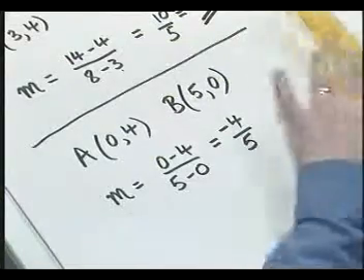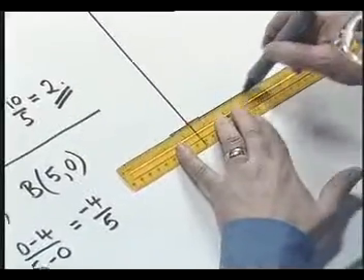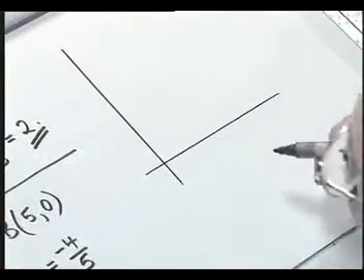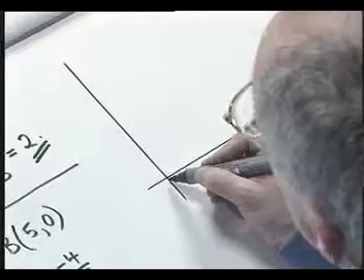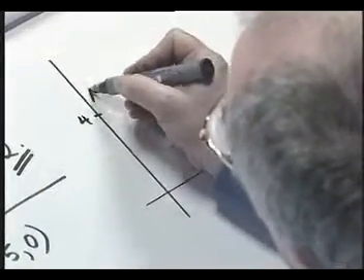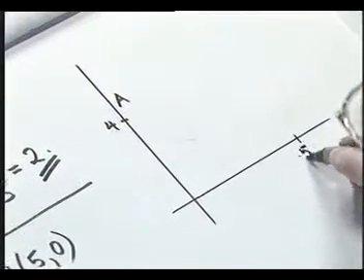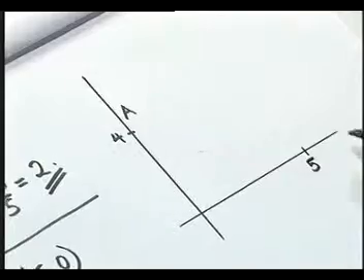Let's plot the points and see what's going on. Point A, x coordinate 0, y coordinate of 4, so let's put that there. That's point A. Point B has an x coordinate of 5, that's there, y coordinate of 0.